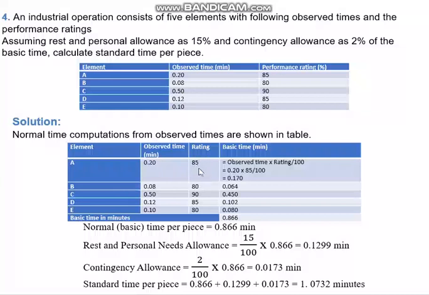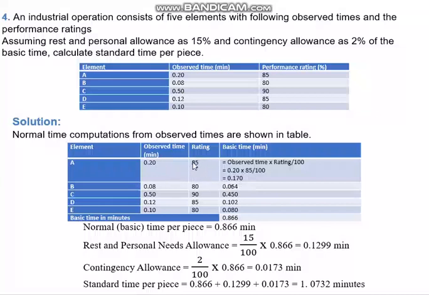85 means this worker is faster or slower. 100 means the standard rating, but this man is having 85 rating. That means he is a little slower. We need not worry whether it is above 100 or below 100. Just put it in this formula and you will get the answer. Because he is slow, he took more time, but when you put this 85 at the rating and the standard is 100, you will arrive at 0.17 minute.